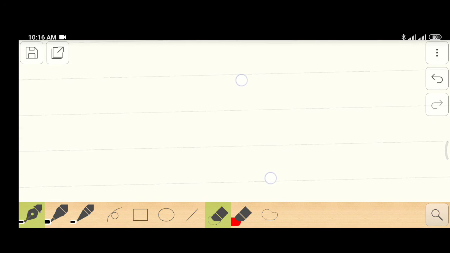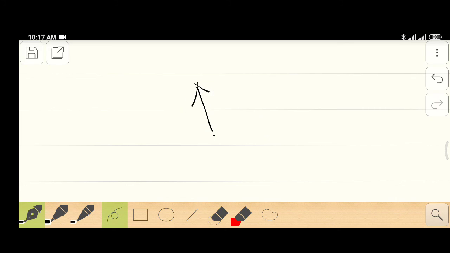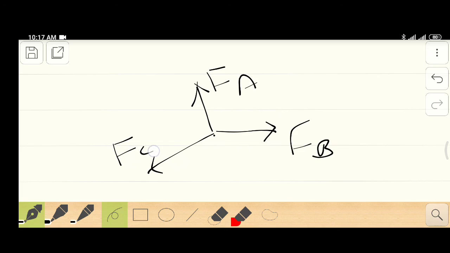As well, if you are considering three different forces acting at a point, suppose A, B and C, then you can say Fa, Fb and Fc, where you can follow the parallelogram law of vector addition.